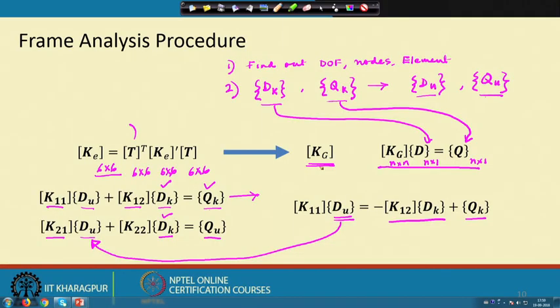Now, before getting into a particular problem, I must tell you a few things. Even though in this course we are highlighting these procedures, this method is not meant for a very simple 2-3 element structure.